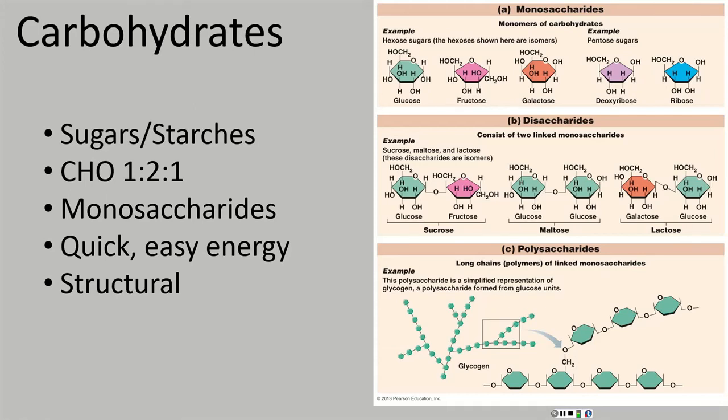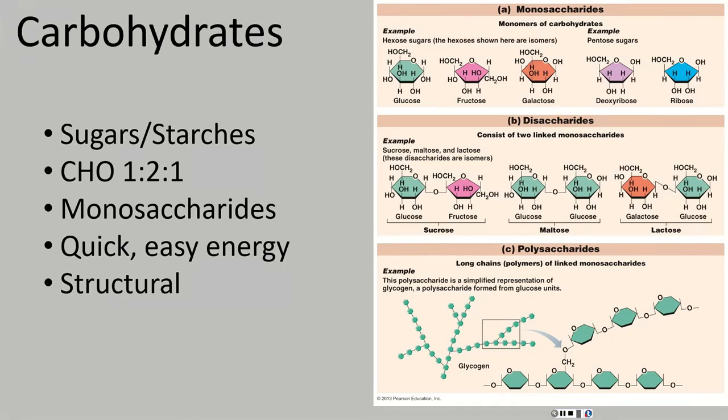So what are carbohydrates for? Well, they are very, very easy to get to sources of quick energy. When our body needs energy very quickly, we break down carbohydrates and release energy to power our body.